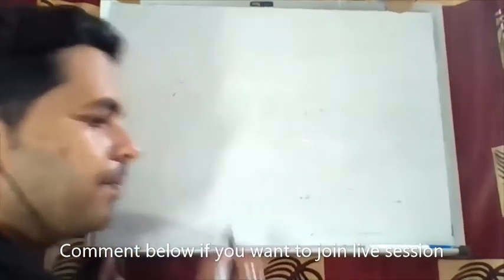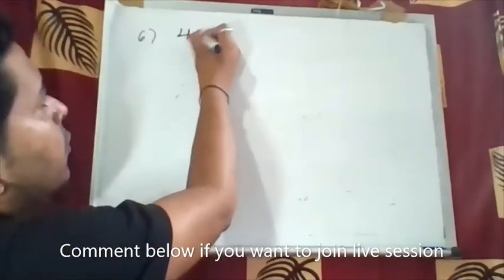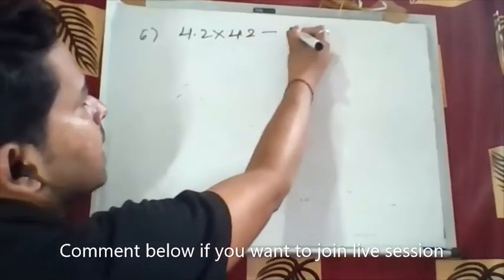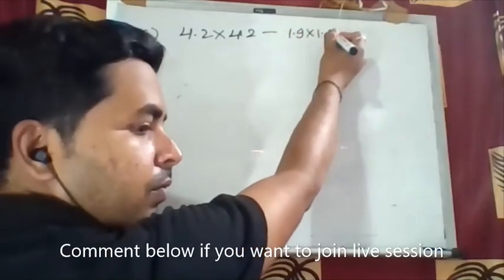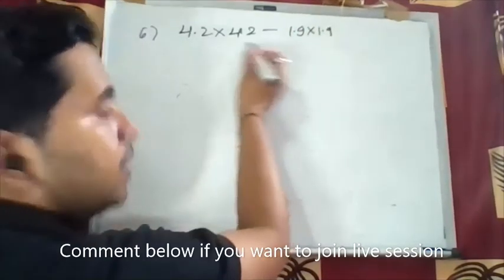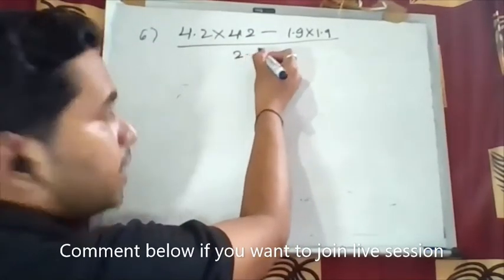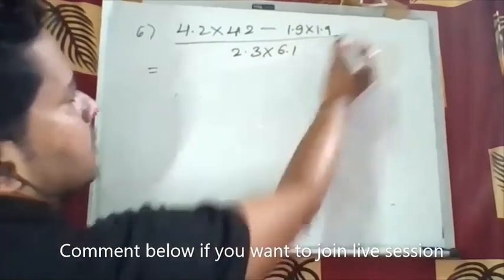Take this question. 4.2 into 4.2 minus 1.9 into 1.9, divided by 2.3 into 6.1. Give me the answer.